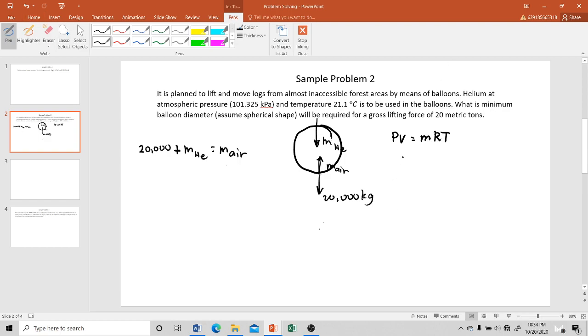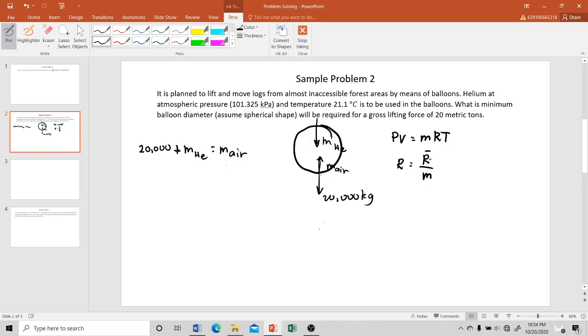But we do not yet know the gas constant of helium. So what equation will we use? We have the equation R is equals to R bar over M, right?